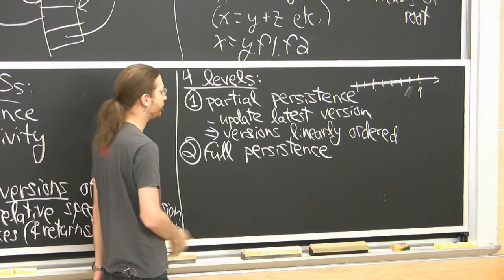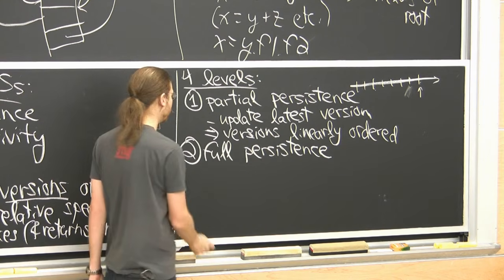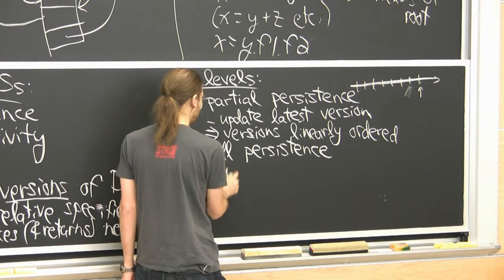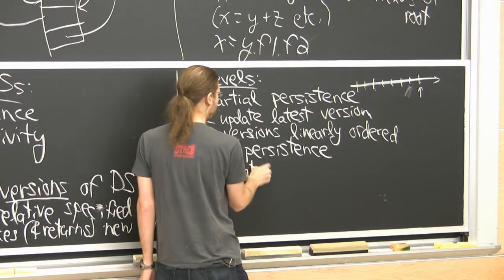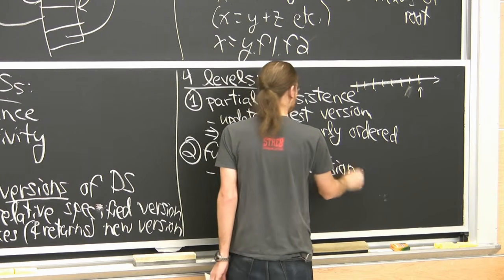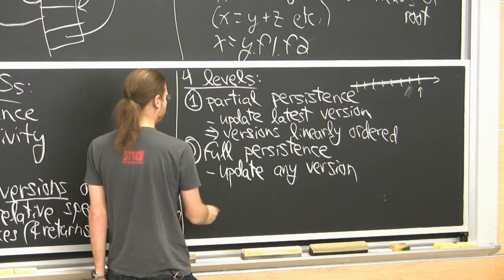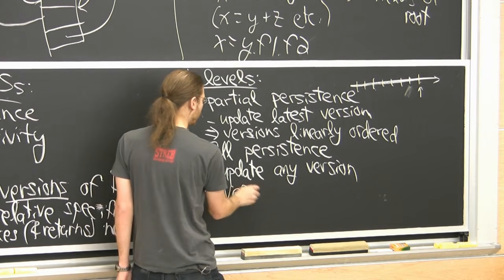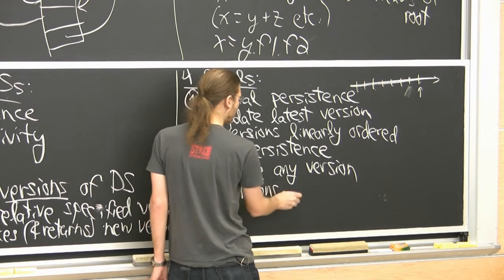In full persistence, you can update anything you want. So update any version. And so then the versions form a tree.